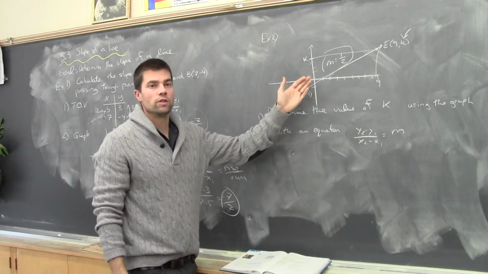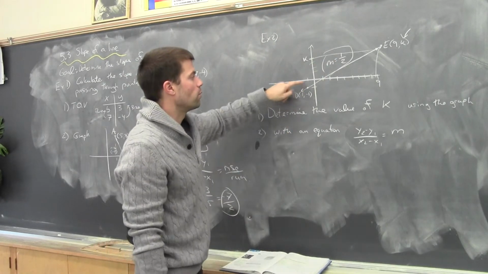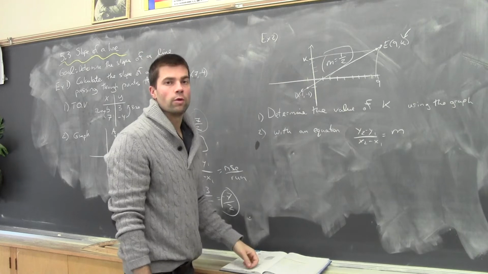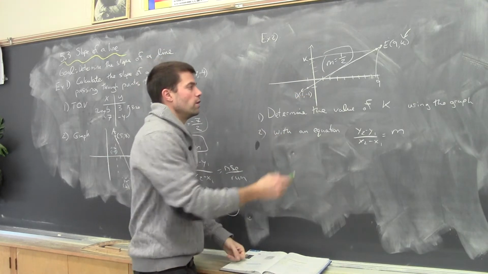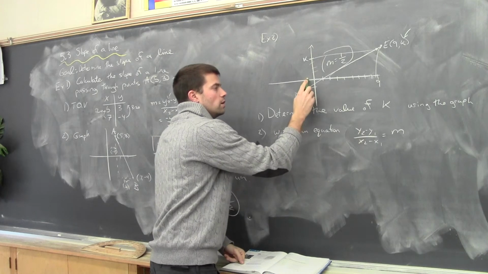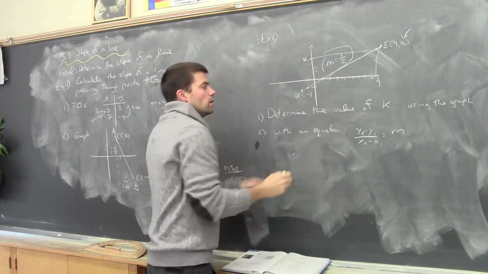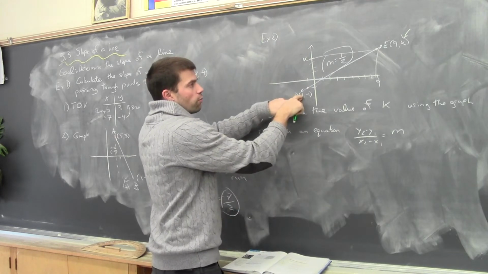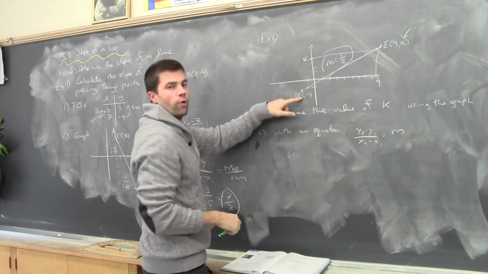Another way you can use the graph is if we know the slope. It's 1 over 2, so that means we're rising 1 for every 2 that we run. So if we're at negative 1, we're going to rise up 1 and run 2. So the run is going to change 2 points, and the rise is going to change 1 point.